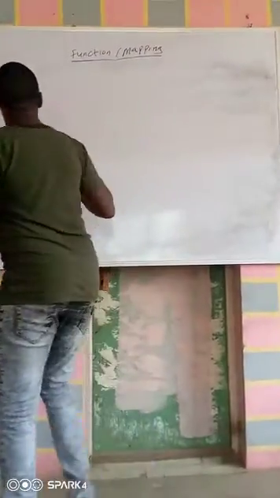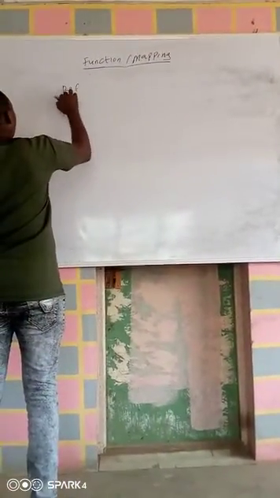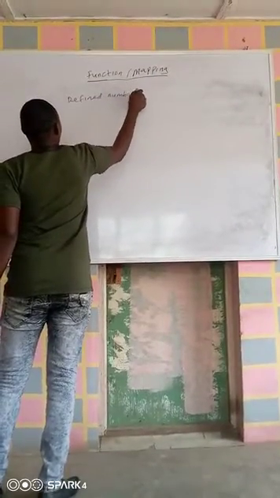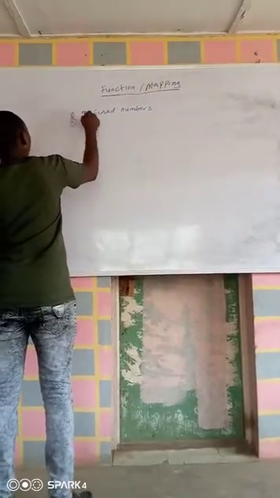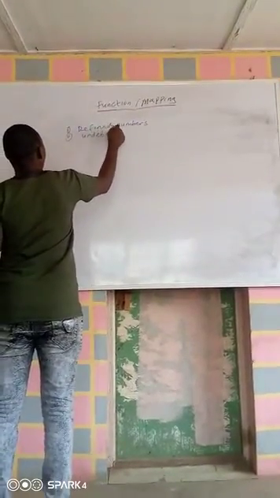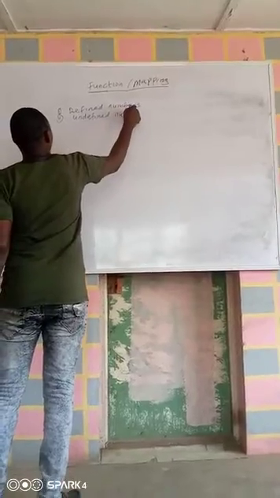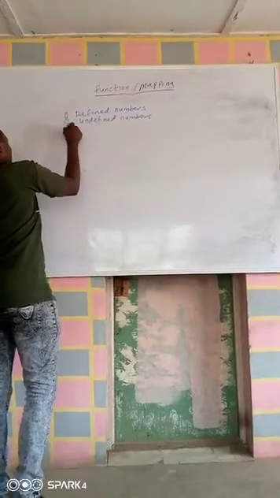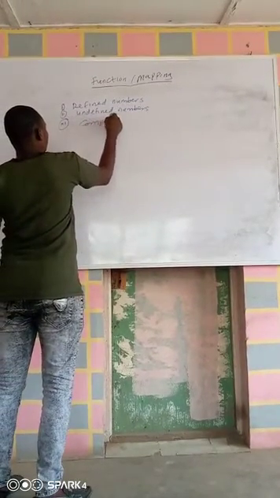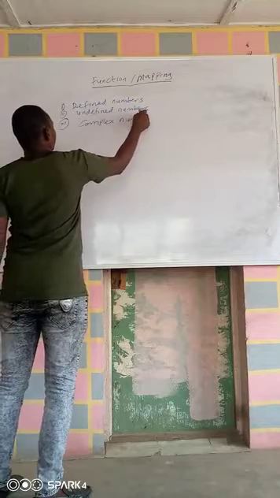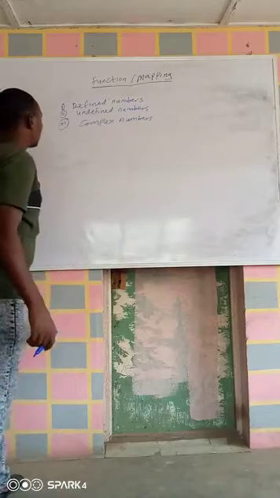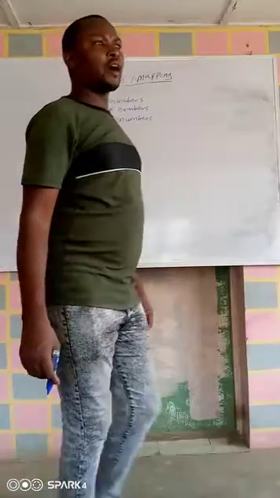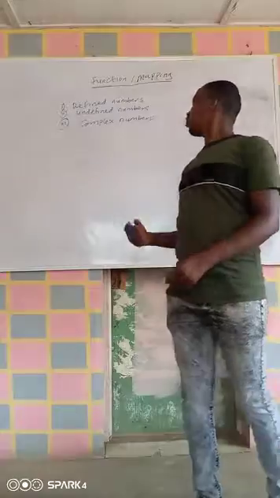These three terms: we have defined numbers, we have undefined numbers, we have complex numbers. Okay? So defined numbers are numbers that are continuous.